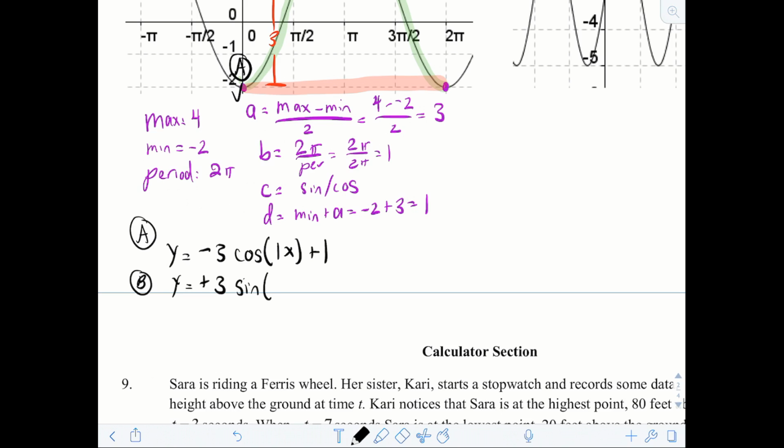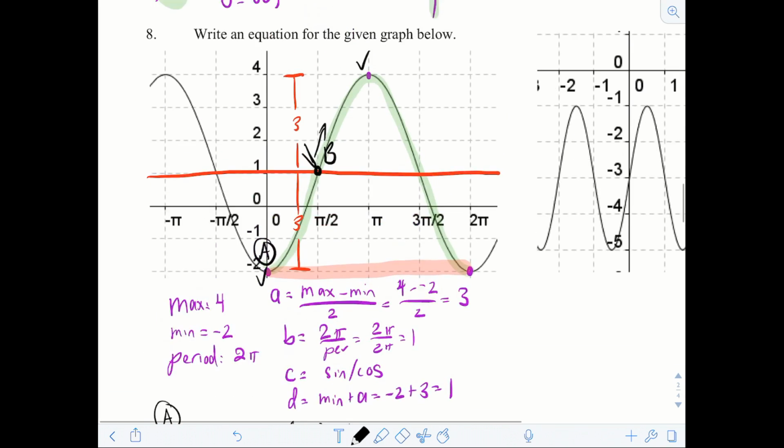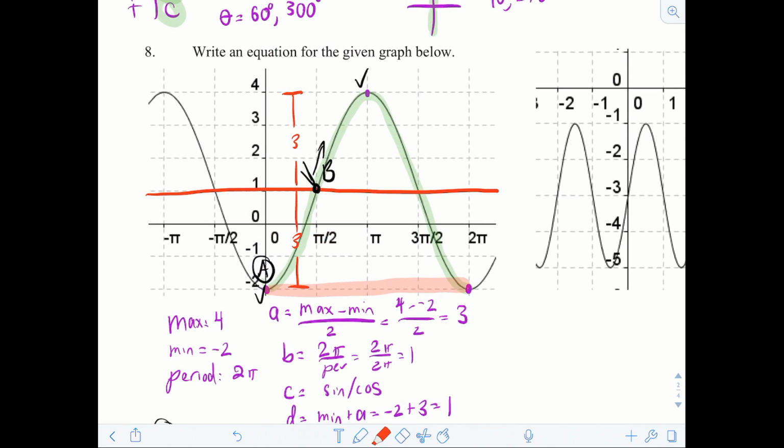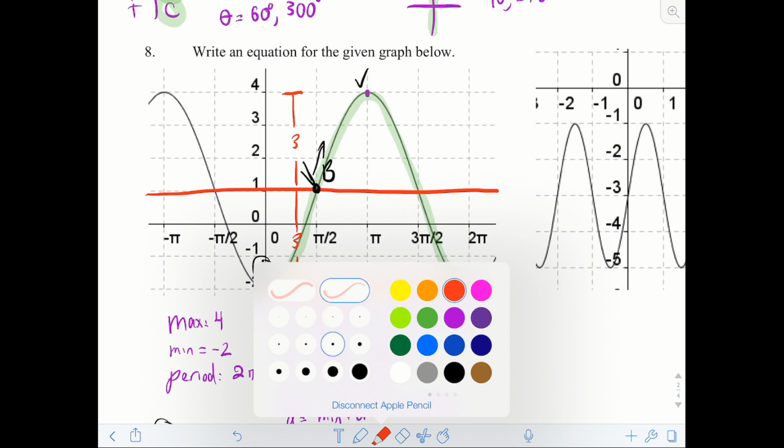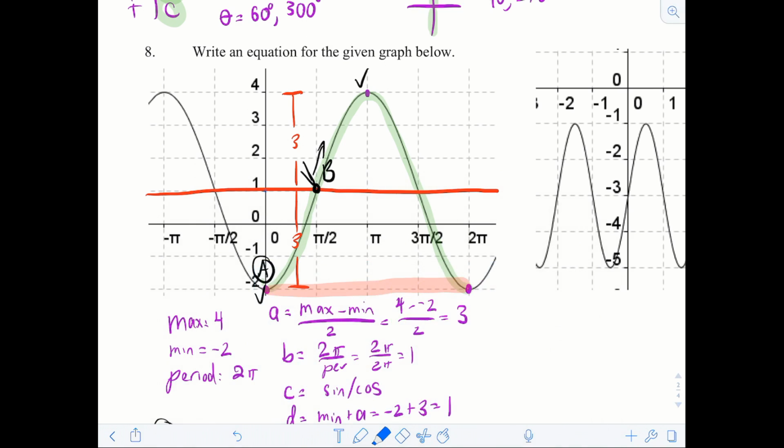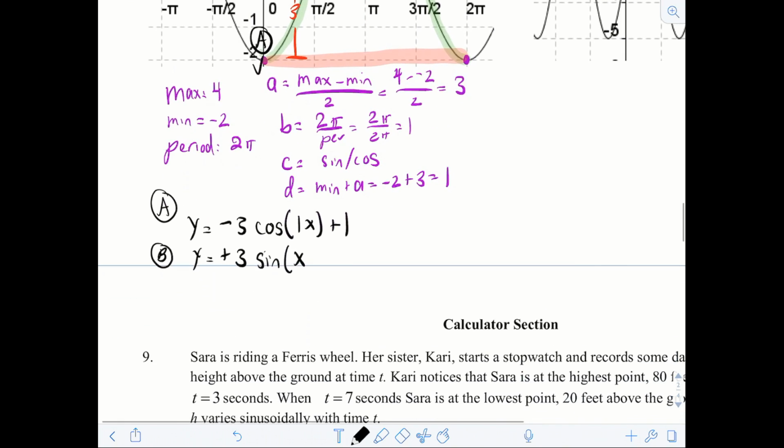I would write this as sine 1b, so I'm just going to write this as x, right? But then since it is moved over some units away from the y-axis, it moved over how many? In this case, it's going to be pi over 2. So I'm going to write this as minus pi over 2 because it's moving right, and then plus 1. Now, there are multiple ways of writing these equations. Those are just 2 examples that you could use.